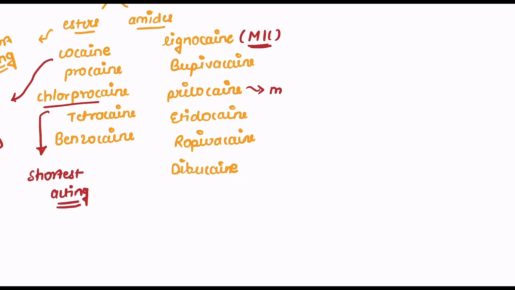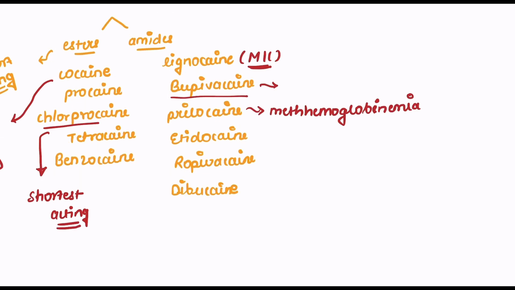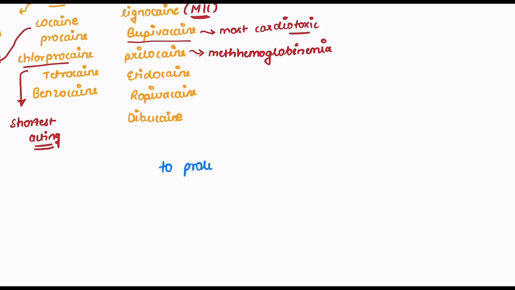Prilocaine can cause methemoglobinemia. Bupivacaine is most cardiotoxic. To prolong the action of local anesthetic, we add adrenaline in the concentration of 1:1 lakh to 1:2 lakh.